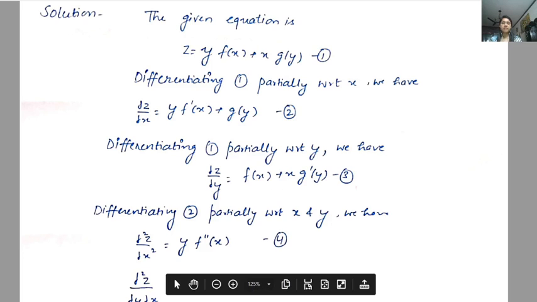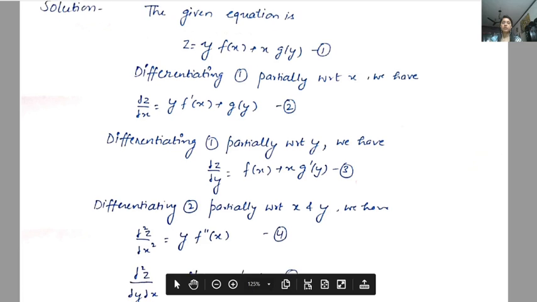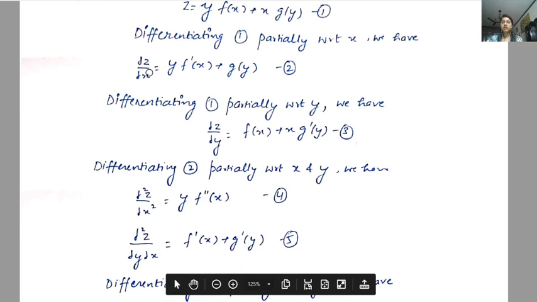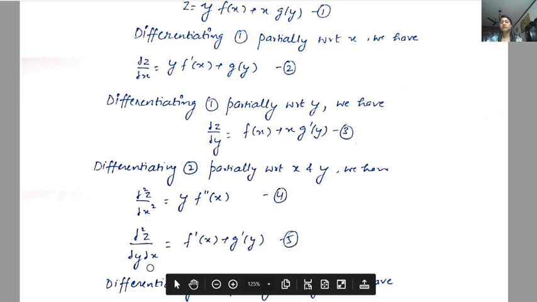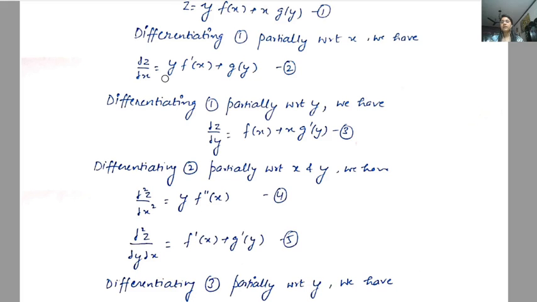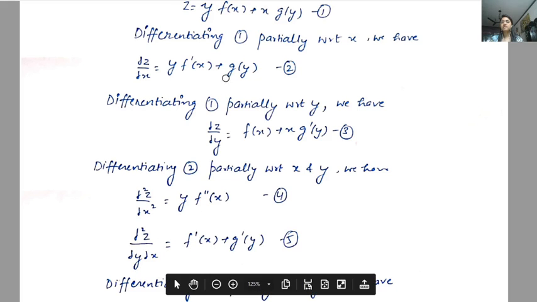Now, again differentiating equation 2 with respect to x, we have ∂²z/∂x² equals y f''(x), and g(y) is constant with respect to x, so its derivative is 0. Now if we differentiate equation 2 with respect to y, we have ∂²z/∂y∂x equals f'(x) is constant, so here f'(x) into derivative of y is 1, plus derivative of g(y) with respect to y is g'(y).